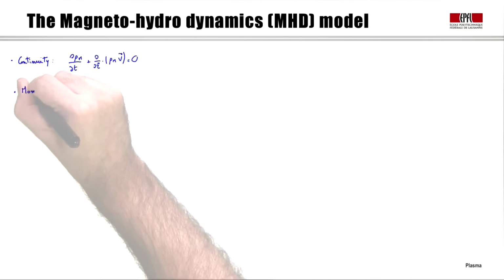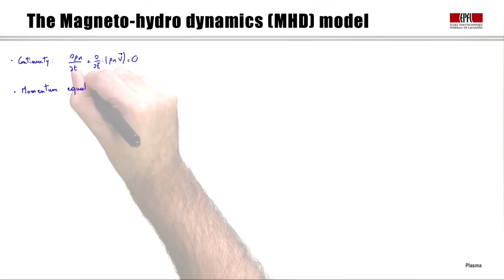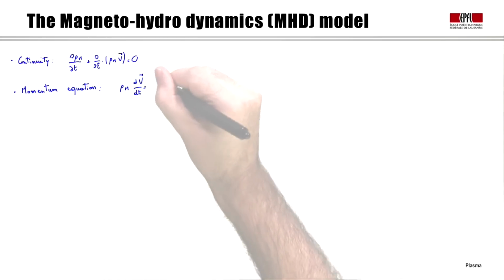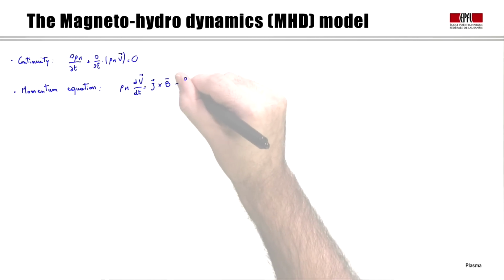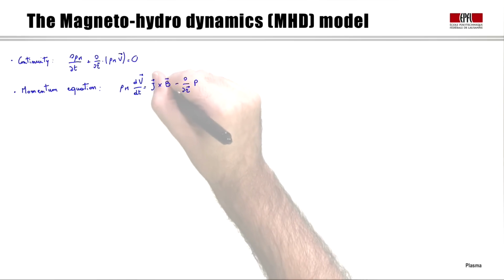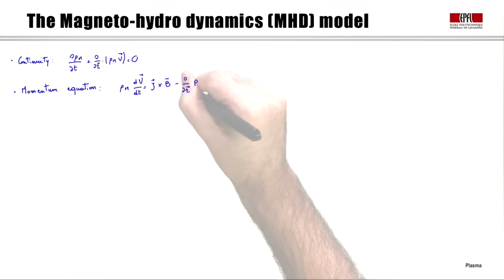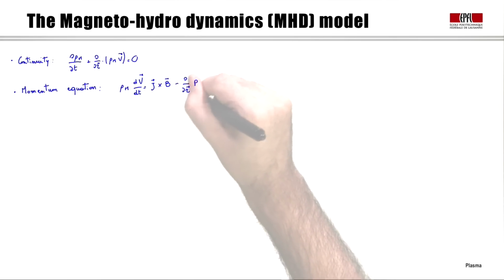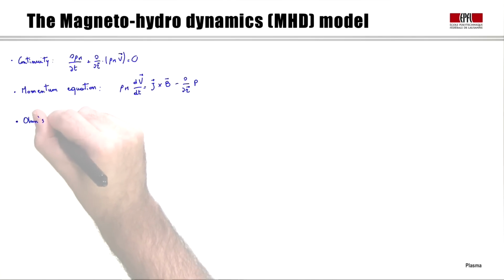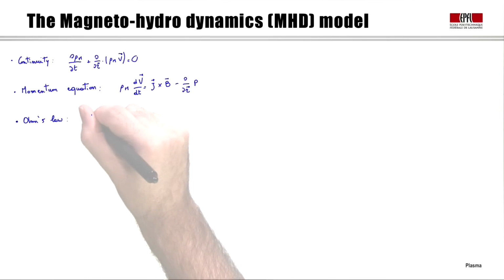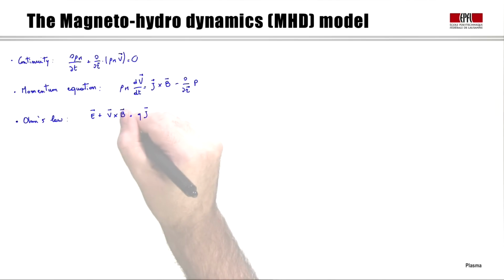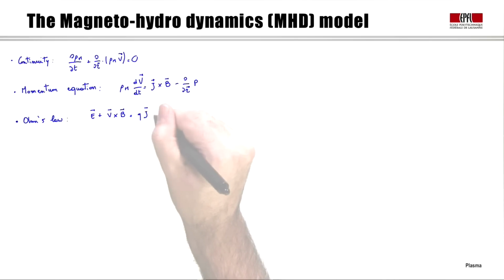The second equation is the momentum equation. We state that the center of mass velocity changes because of the J cross B force and also the gradient of the pressure. Then we have Ohm's law, that with the simplifications we have made is reduced to E plus V cross B equal to the resistive term.